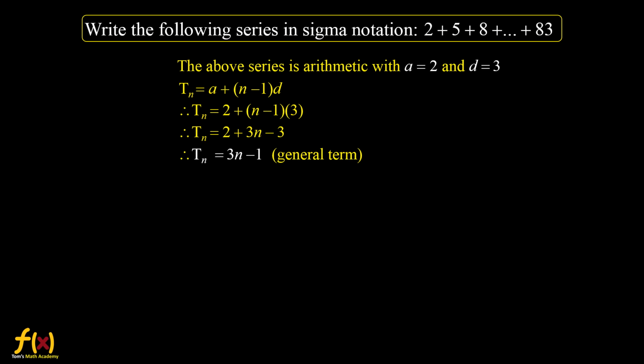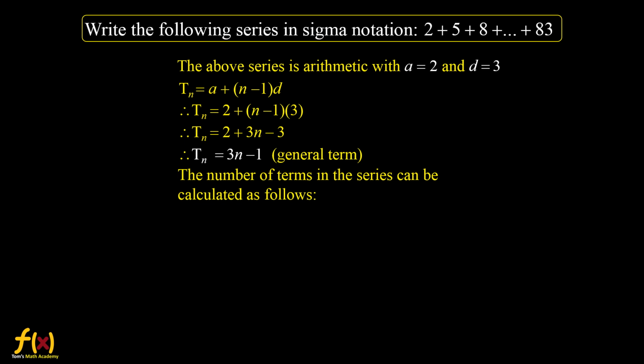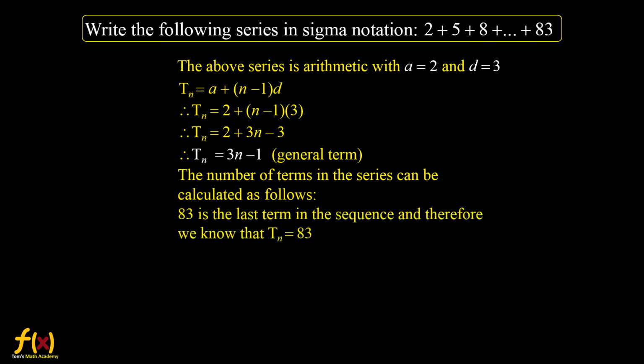Now our job: how many terms? We have to solve for n. So Tn is available. The number of terms is going to be calculated using the last term, Tn, 83. We write 83 is equal to 3n minus 1, or 3n is equal to 84, or n equal to 28.